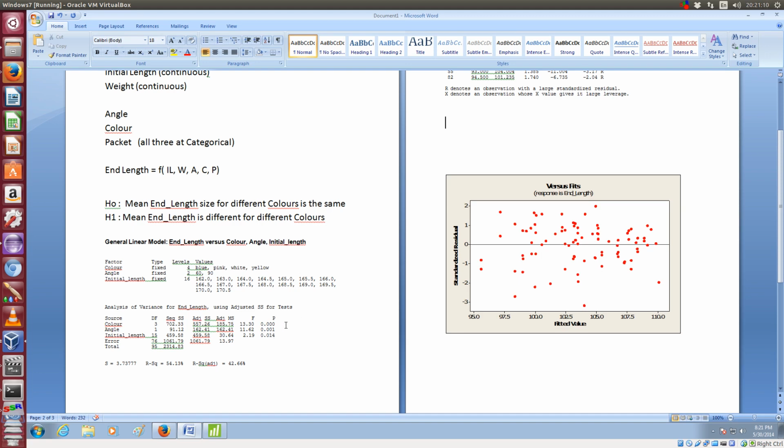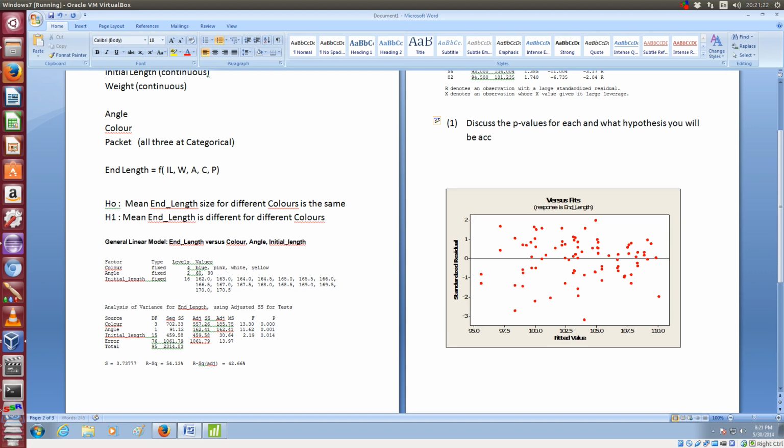So the first thing you need to do is you need to discuss the p-values for each, and what hypothesis you will be accepting.